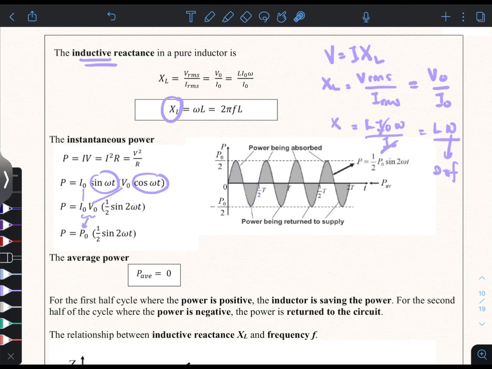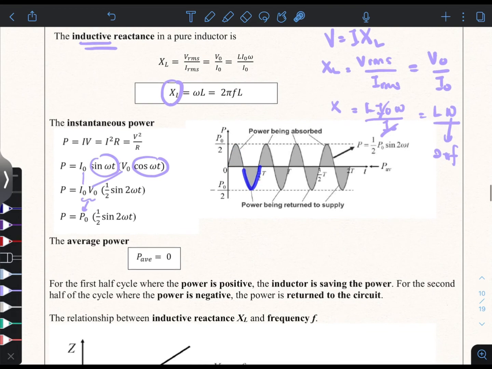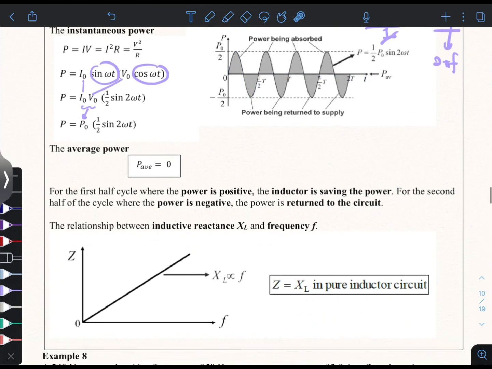Maksudnya half cycle ni, power kita adalah positive, another half cycle power kita adalah negative. Okay, which indirectly gives us an average of 0 dekat sini. So P average kita akan 0 sebab kita ada power yang positive untuk half cycle, power yang negative untuk another half. So dia akan cancel dekat sini.